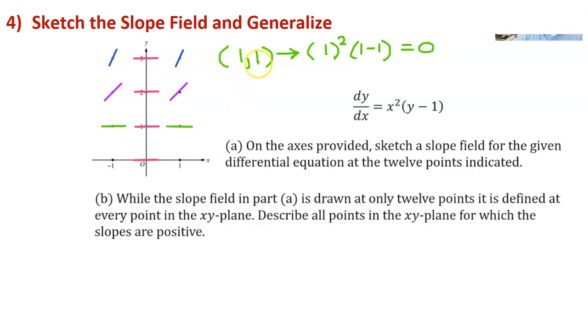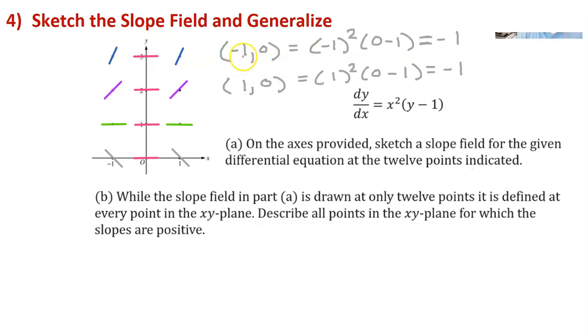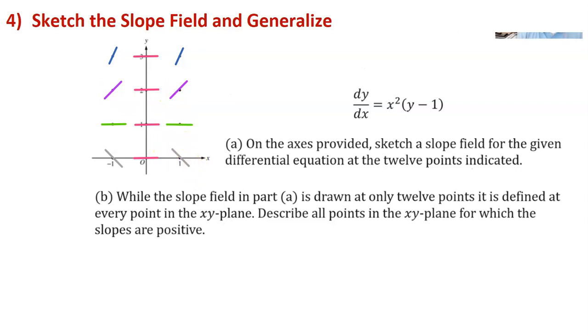At (1, 1), same deal. At (-1, 0) and (1, 0), the slope is -1. So in both cases, we should have a decreasing slope at a 45-degree angle. The steepness should match these purple segments, but obviously in the opposite direction.